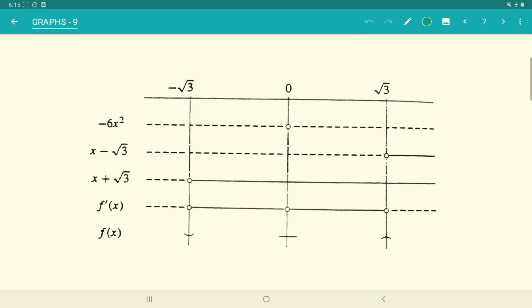Apart from x being 0, this expression is always negative because we have x squared. So x squared is greater than or equal to 0. That just means minus 6x squared is always less than or equal to 0. So that is why it is minus in this way. So it's minus everywhere.